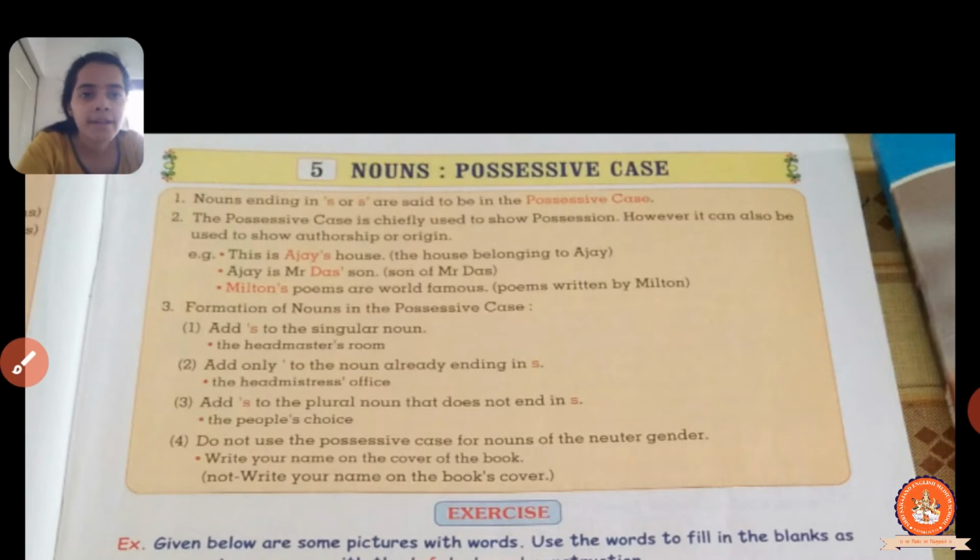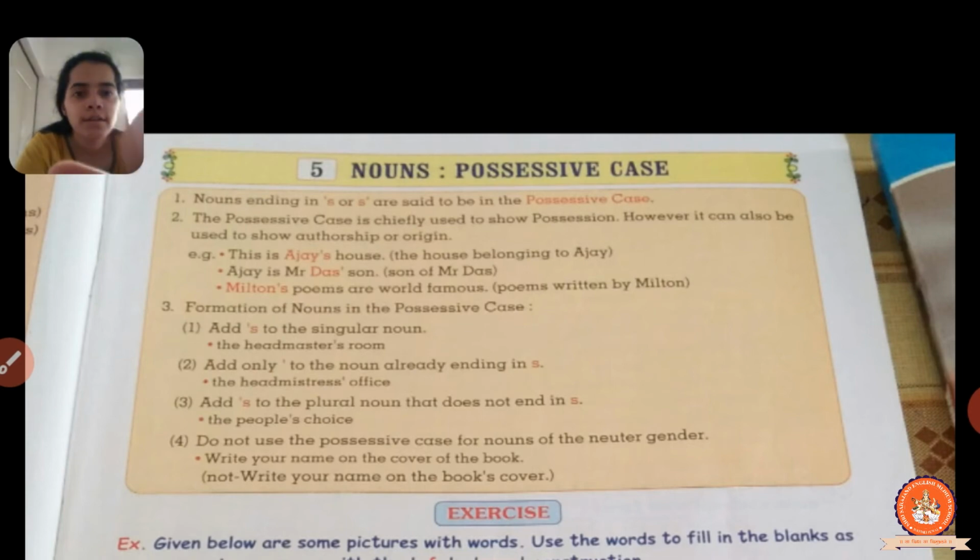Then we have the second one: add only an apostrophe to a noun already ending in S. Whichever noun we find that ends with S, we will not put apostrophe S again, we will just put the apostrophe sign at the end of that particular noun.